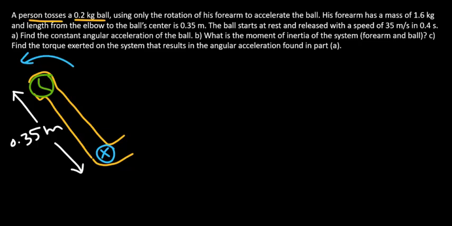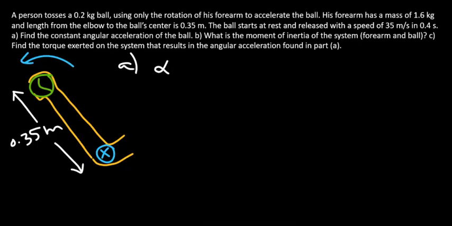The forearm has a mass of 1.6 kg and the length from the elbow to the ball's center is 0.35 meter. The ball starts at rest and is released with a speed of 35 meters per second, and this change happens in 0.4 seconds. Find the constant angular acceleration of the ball.